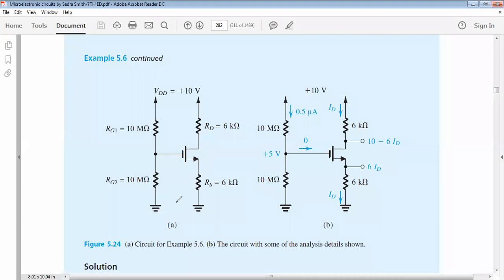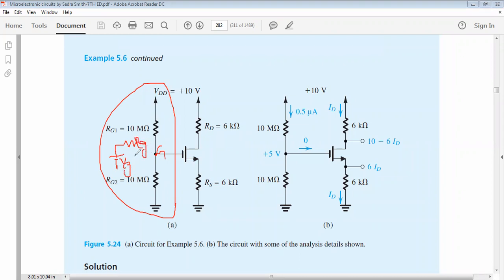We have to find Thevenin voltage at the gate and Thevenin resistance at the gate. So the entire network is replaced with a single voltage source and a single resistor. V Thevenin is equal to VG and R Thevenin is equal to RG. By applying the voltage divider rule or the Thevenin procedure, calculate VG and RG.